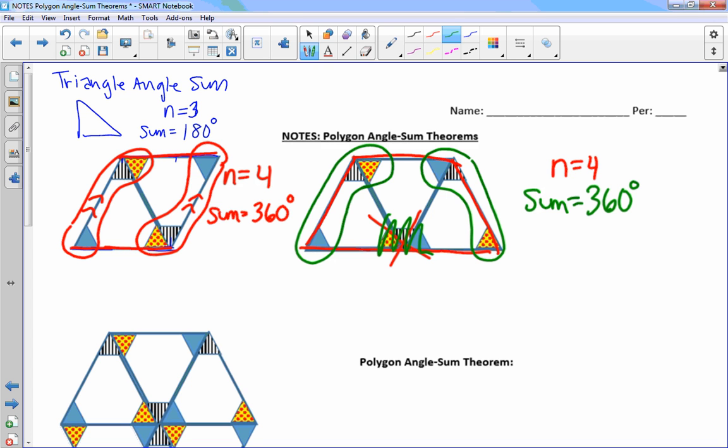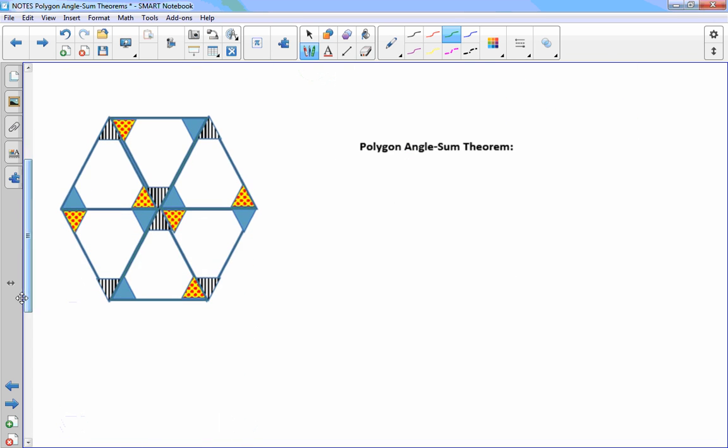Now, if you look below, I've added more sides. Someone besides Braden, because you answered the last example. What shape is this? What shape is it, Javier? Hexagon. How many sides are in a hexagon? 6. So n equals 6.